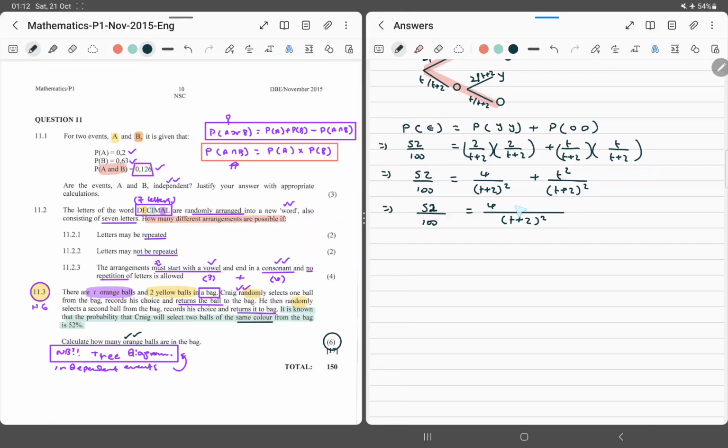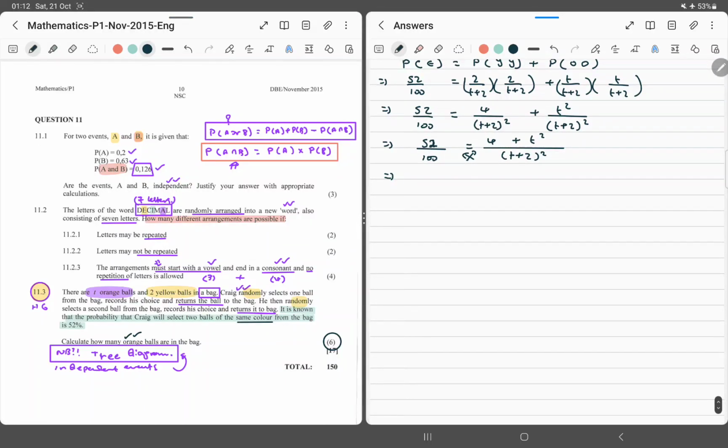This is just the knowledge of fractions, nice and easy. Now we can cross multiply here. This implies, when we multiply that, we get 52 into t plus 2 all squared is equal to 100 into 4 plus t squared. Okay, great.